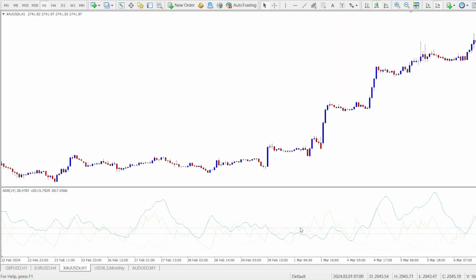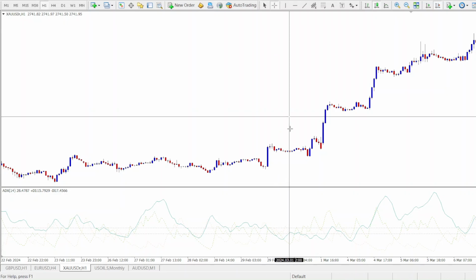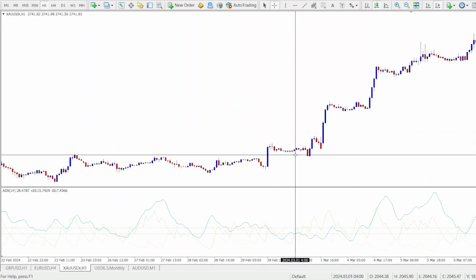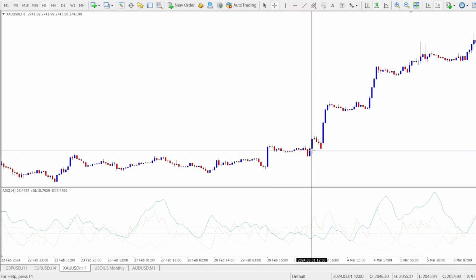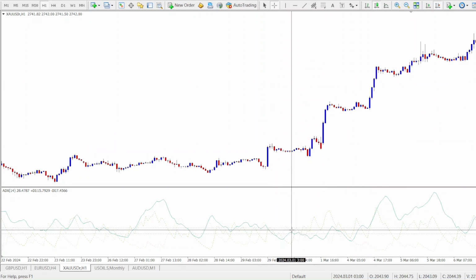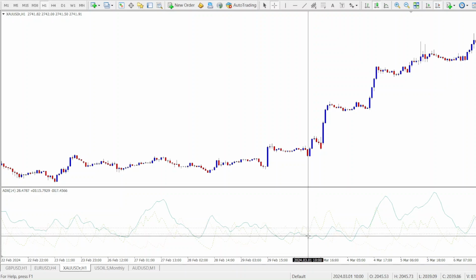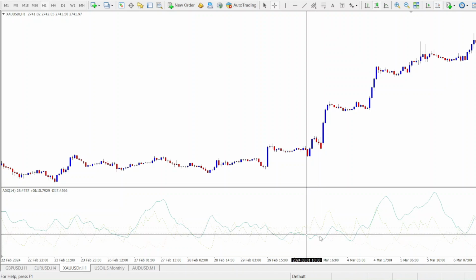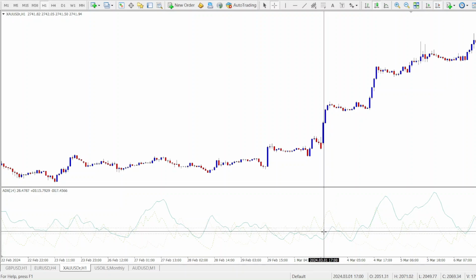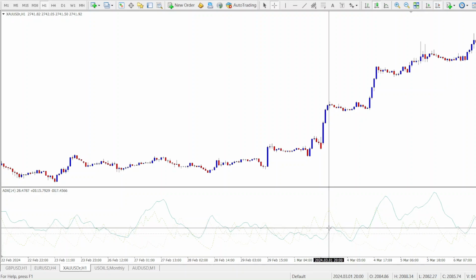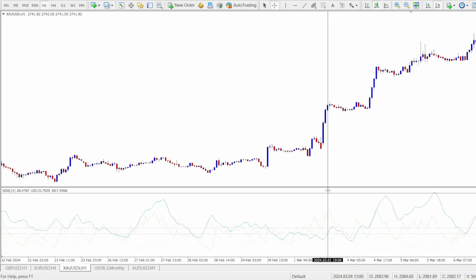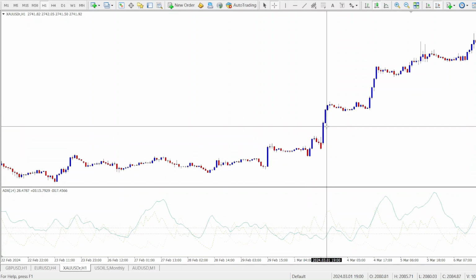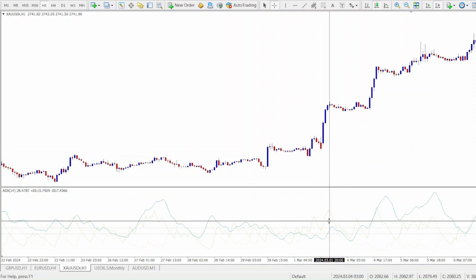It happened somewhere around here, and this was just before the bullish trend began. Going ahead, the ADX was still moving somewhat along the 20 line around here, and then we had an upward move, all signifying that a bullish trend is starting.